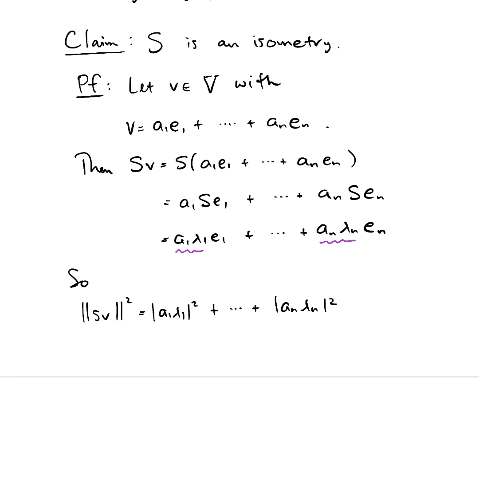But by choice, the lambda 1s, lambda 2s through lambda n's, those are all absolute value 1. So in fact, this is absolute A1 squared plus ... absolute An squared.